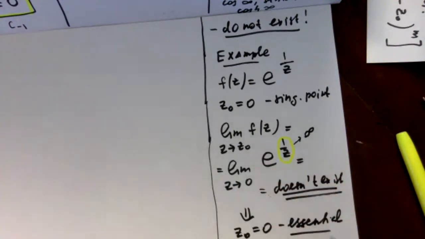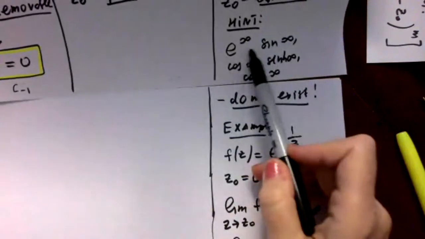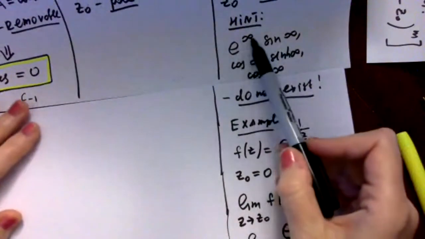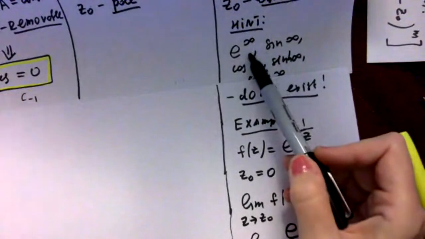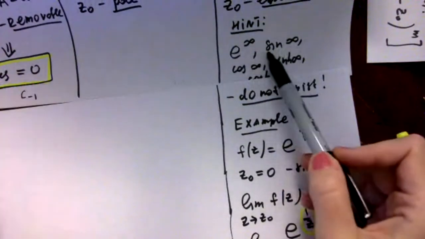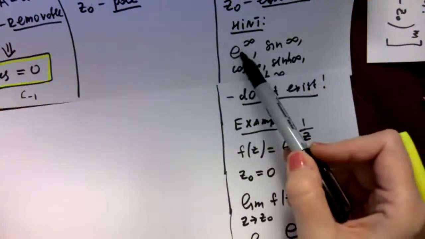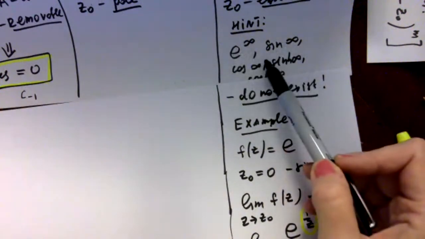So please remember that you should just take for granted the fact that e to the power of infinity doesn't exist, and sine, cosine, and all these functions are just combinations of the same function. That is why they also have no limit at infinity.